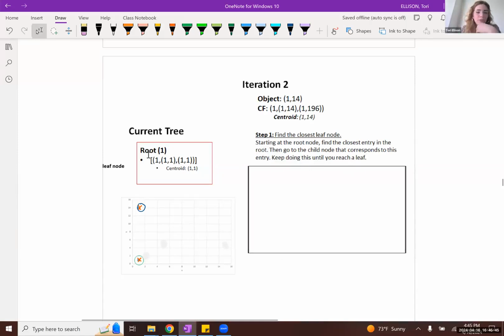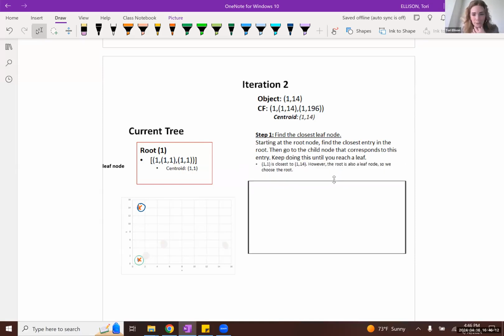It just so happens that there's only one entry, or basically one subcluster in this root node. In other words, the centroid 1, 1 is in fact the closest centroid to 1, 4, the one that we're basically introducing. So, given that the root node is the leaf node, we've basically found the closest leaf node. So we move on to step 2.